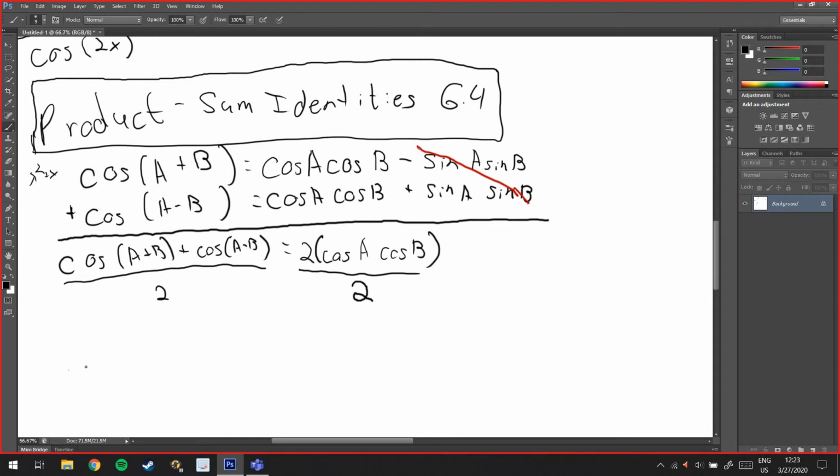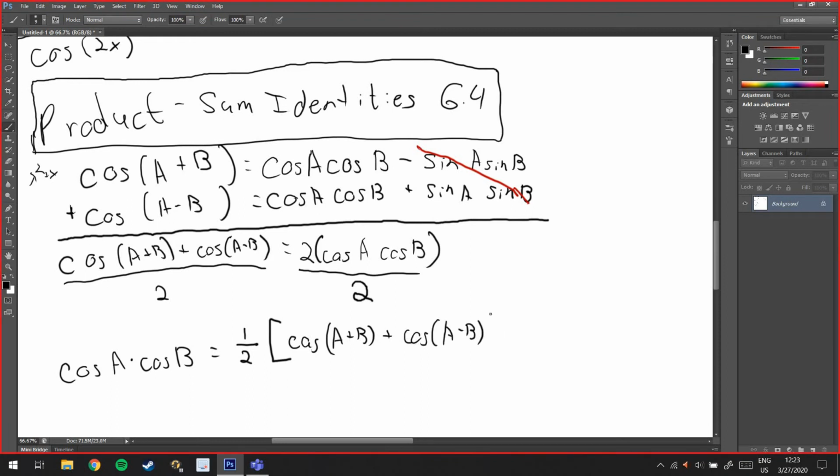And then we're just left with one of our identities, which is cosine of a times cosine of b is equal to half cosine a plus b plus cosine a minus b. To save ourselves time, we would have had 3 groups doing these all on the board at the same time.